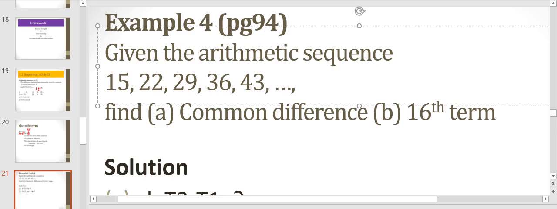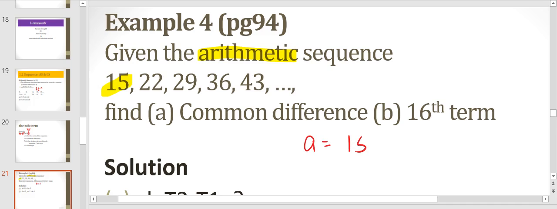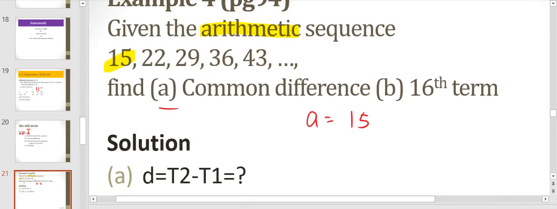The question already highlights this is arithmetic, so you just keep two things in mind: get your a, get your d. Obviously, your a is 15, so just highlight that a is 15. The first question asks for the d, right? So what is your d?